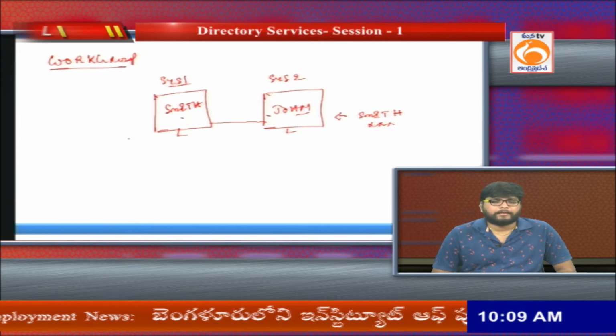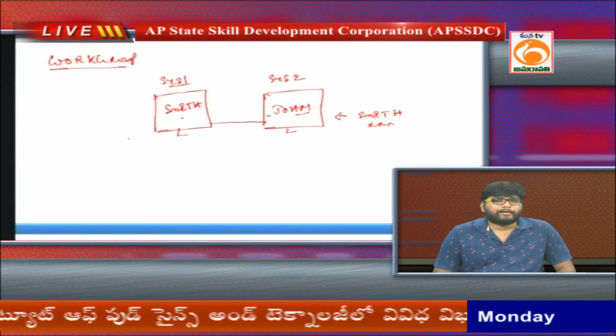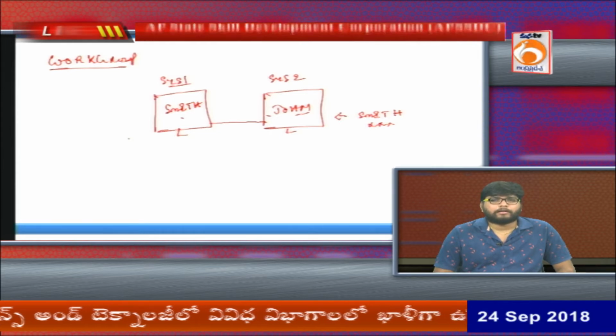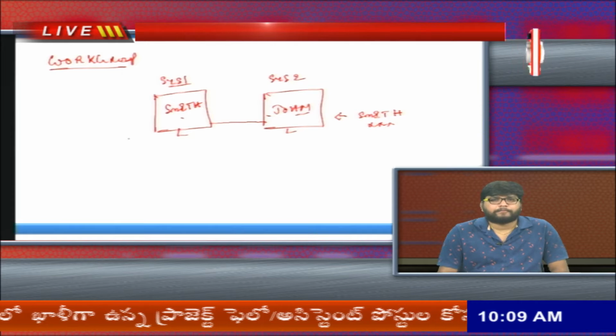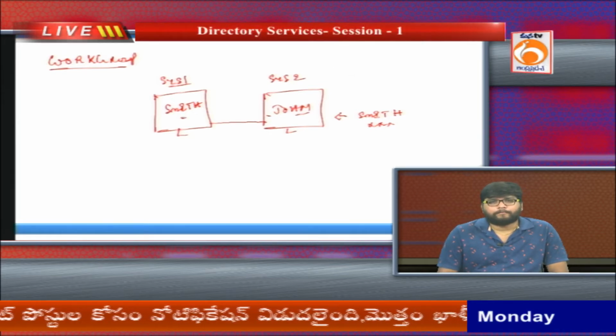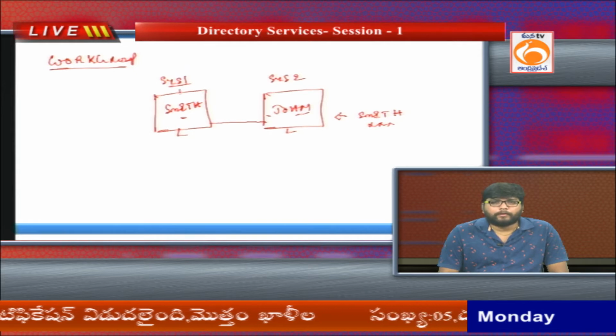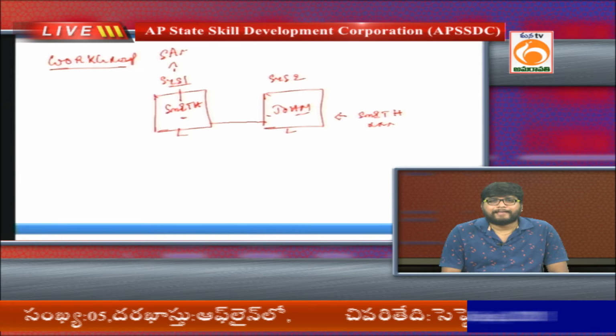I will repeat that again. What is a workgroup? It is a network where computers are connected, but every computer has a separate database. That means if I create a user account on system 1, this user account will be stored in system 1's local database, called the SAM database.